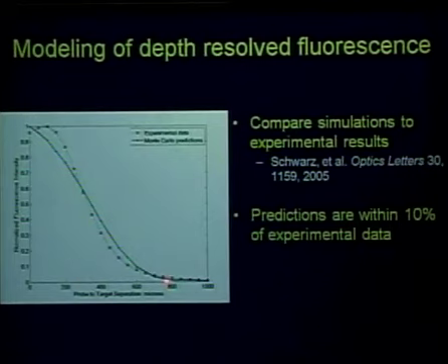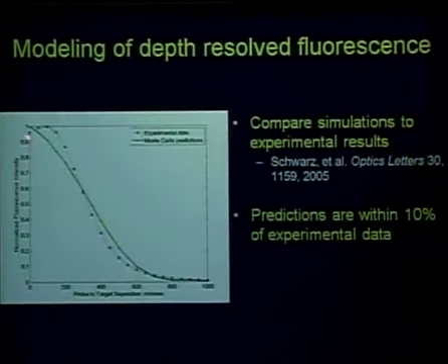As that thin layer was moved from in contact with the ball lens to further and further away, that gives you an idea of the depth sensitivity of the shallow channel of the probe. The dots here show our experimental data, and the solid line shows our Monte Carlo simulation, and we're within about 10% of the measured results when you compare our predictions.